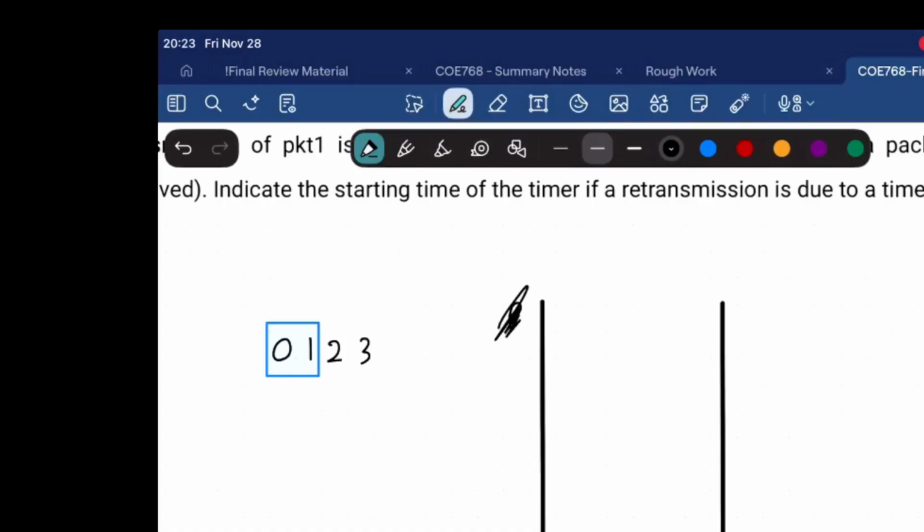We start off with P0 to be sent over. So again, source, destination. P0 gets received. And acknowledgement of 0 has also been sent.